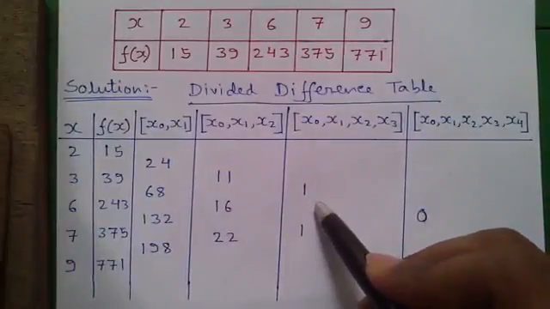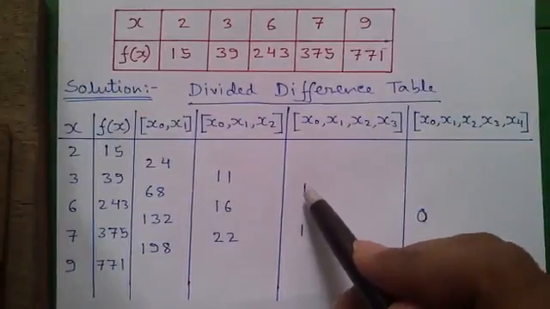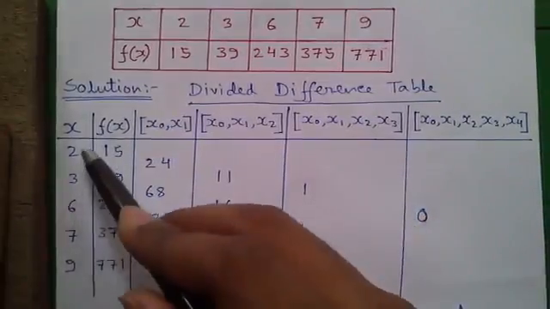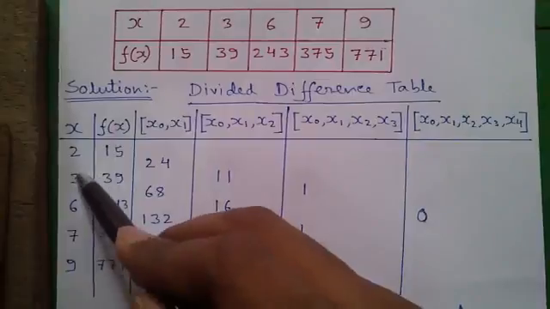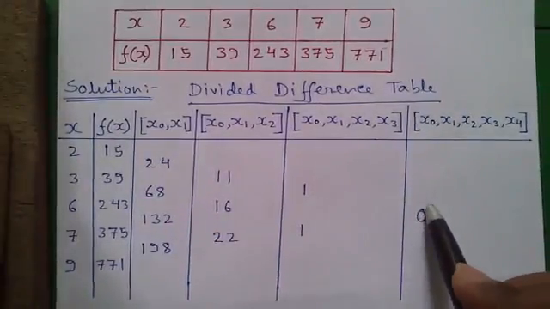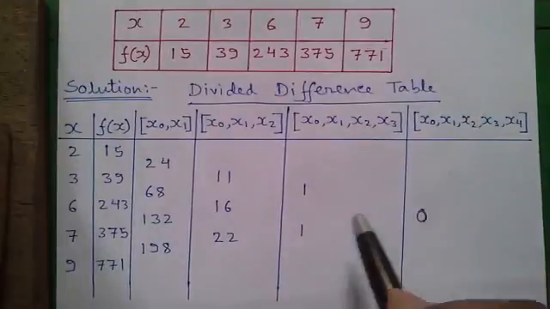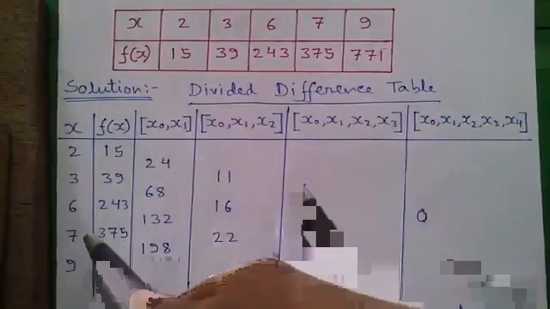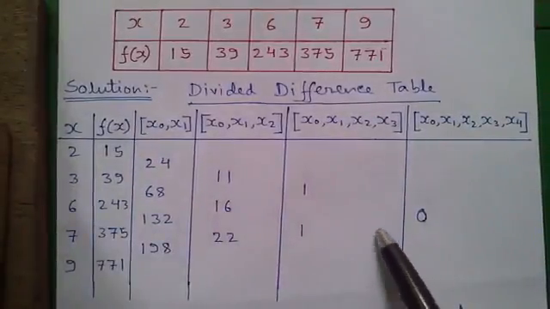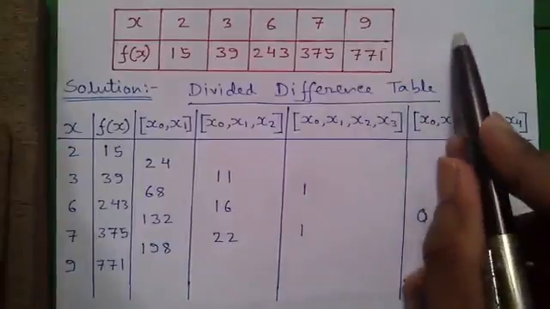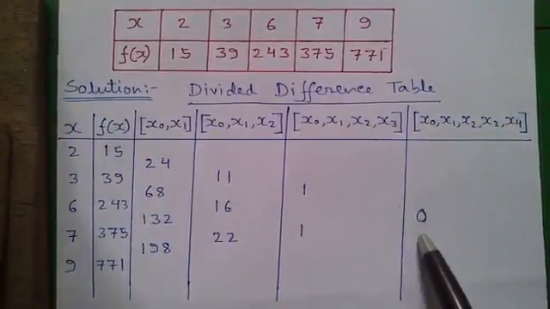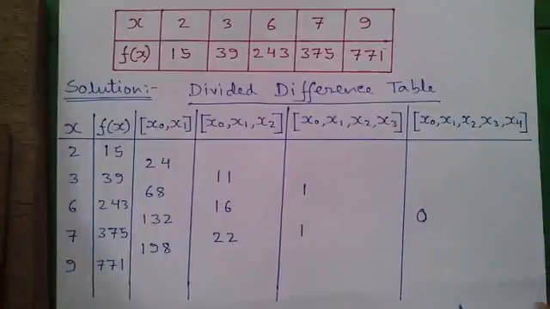For our third column we will take a gap of 2 numbers, so 16 minus 11 divided by 7 minus 2 with a gap of 2 numbers, and so on. And finally for this column we will take this minus this with a gap of 3 numbers, that is 9 minus 2 with 3 numbers gap. So that is the logic. It doesn't matter how long the table is, if you continue to follow the pattern you will eventually end up making a correct table.